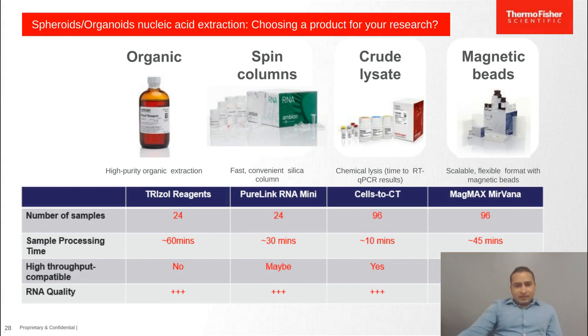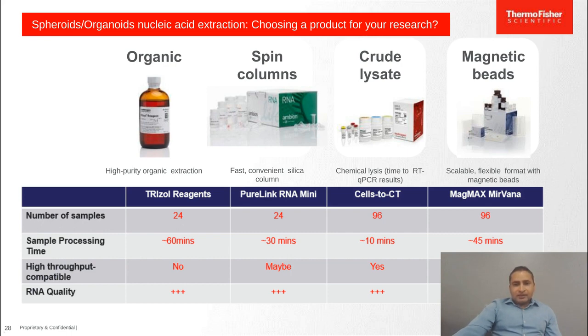Selection of an appropriate extraction method depends on end-user requirements and the particular experiment, and whether a manual or low throughput or a semi-automated workflow is desired. Right off the bat, cells-to-CT would be ideal for high throughput users who need to process individual spheroid and organoid samples for gene expression studies, but you do need to modify your protocol according to your needs.